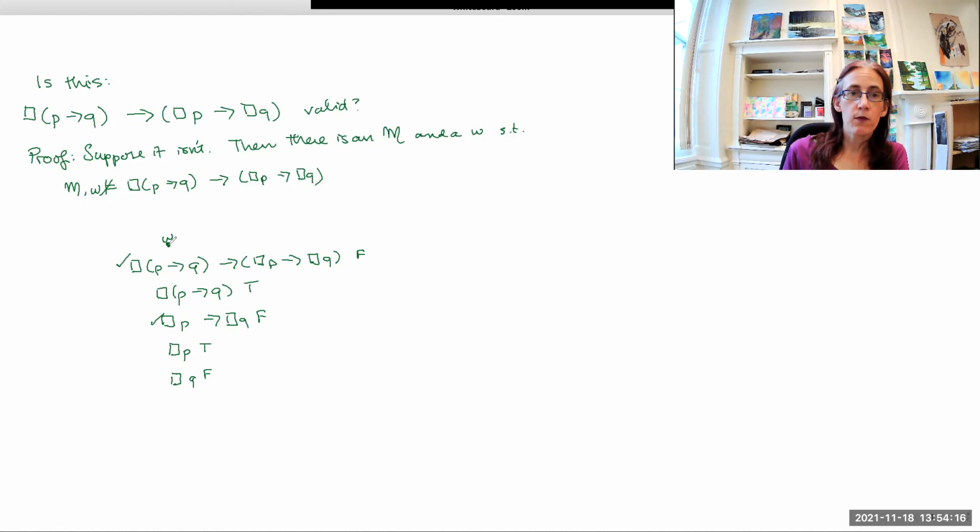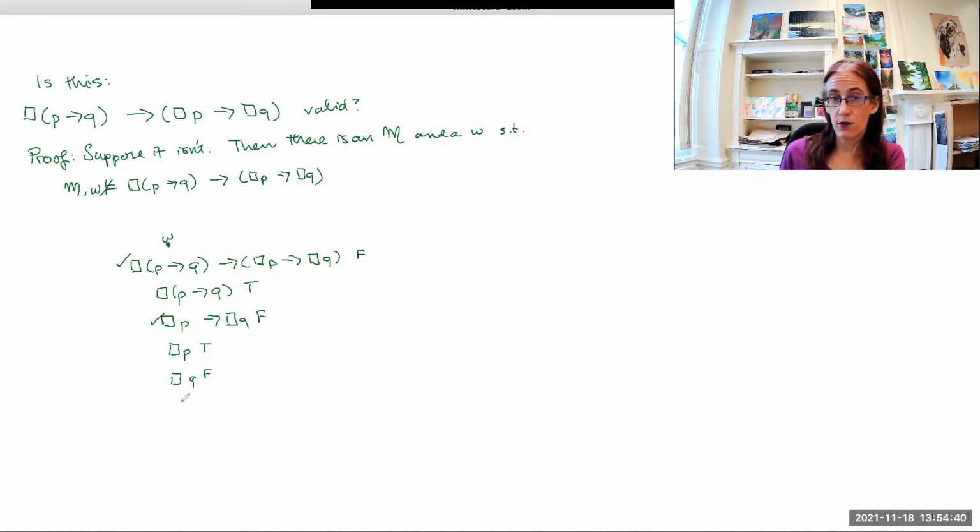I told you in the previous video that every single necessity claim is true at a dead-end world. So if we don't build anything more into our model, this and this are the case: both necessarily P implies Q and necessarily P. But right now, necessarily Q would also be true because this is a dead-end world.